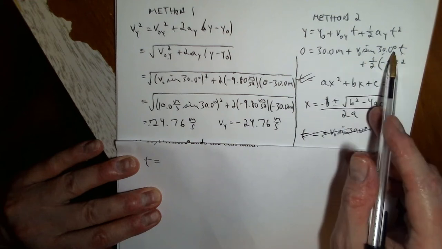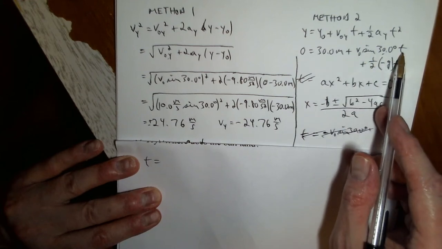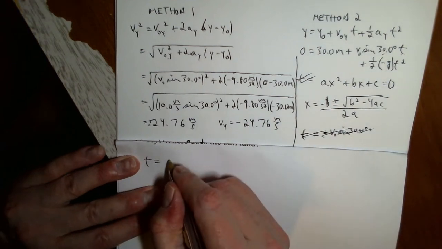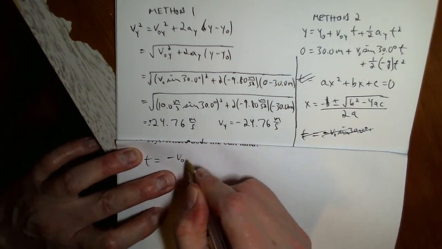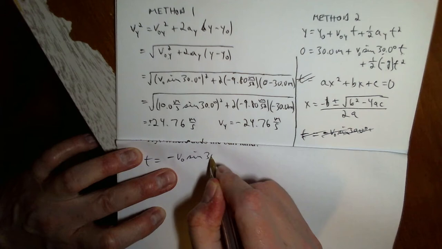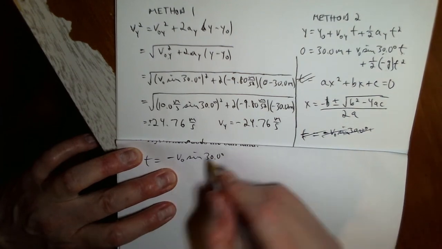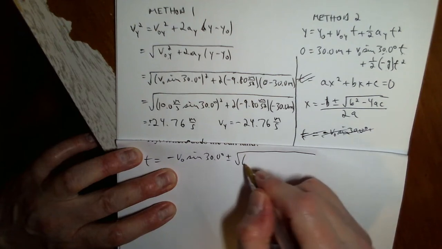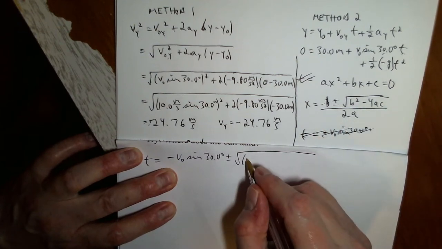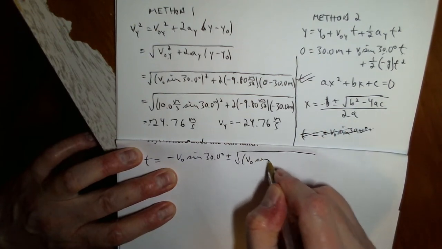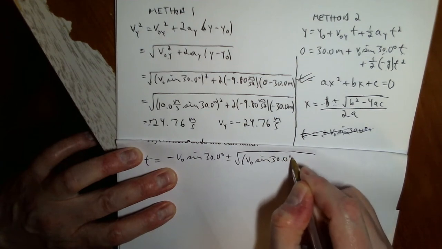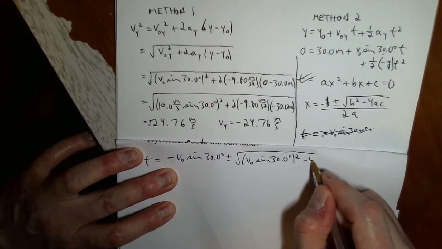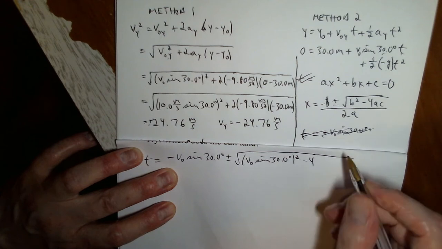That's v sub naught sine 30 degrees because it multiplies t to the first power. So I've got minus v sub naught sine 30 degrees plus or minus, again b, but squared this time. So v sub naught sine 30 degrees squared minus 4 times a.